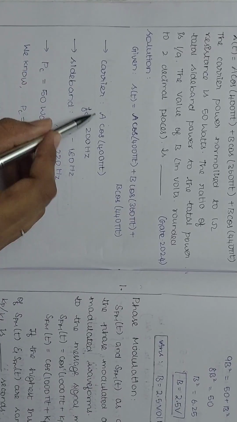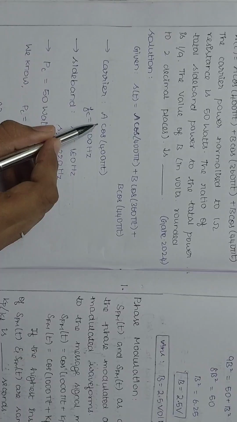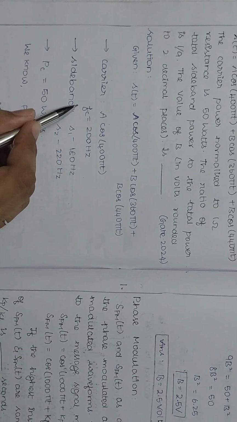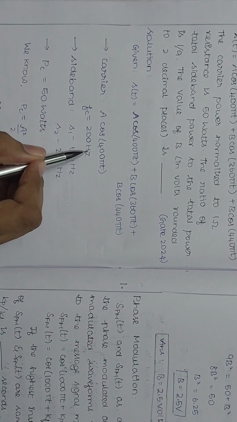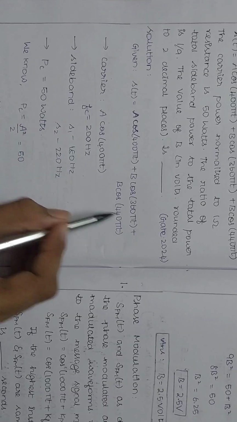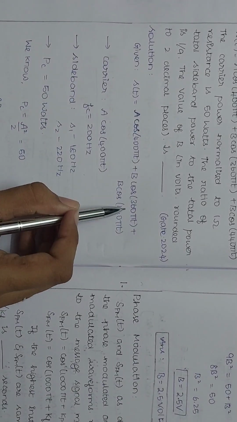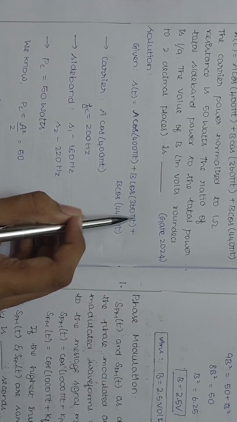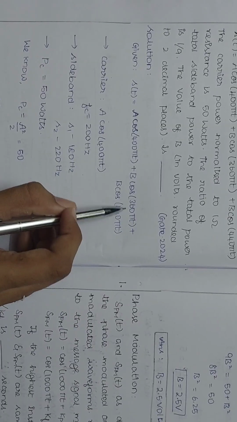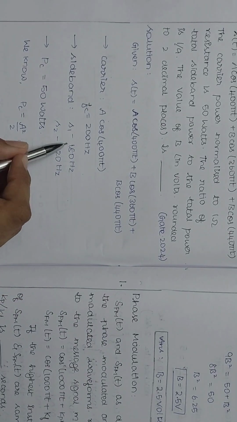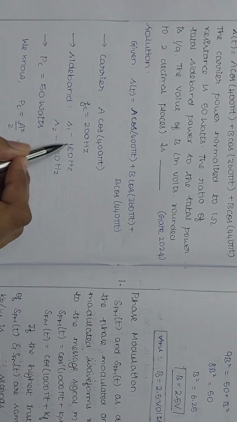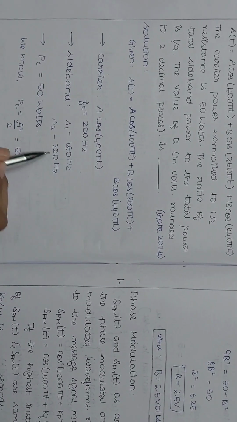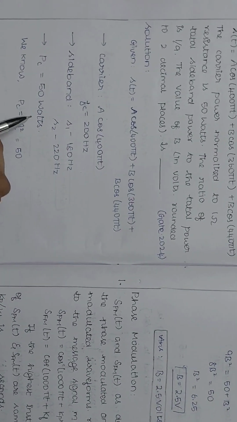The carrier part is A cos 400 pi t, so FC is 200 hertz. The sidebands: 2 pi (FC plus FM) divided by 2 gives 220 hertz, and 360 divided by 2 gives 180 hertz. So the sidebands are 180 hertz and 220 hertz.